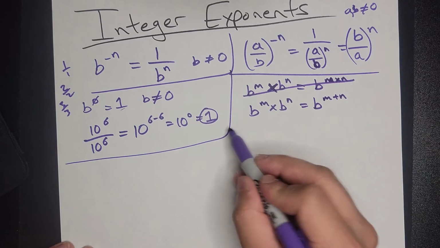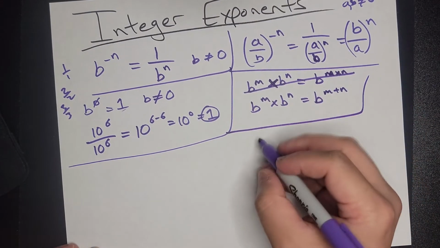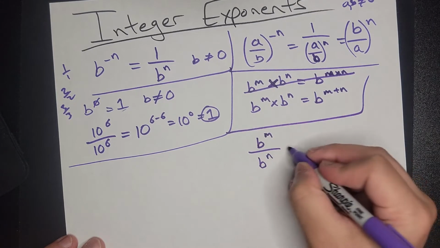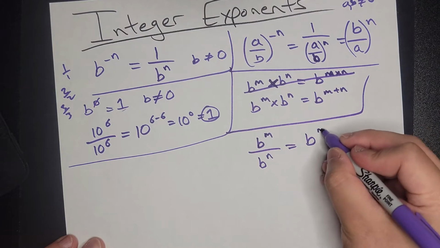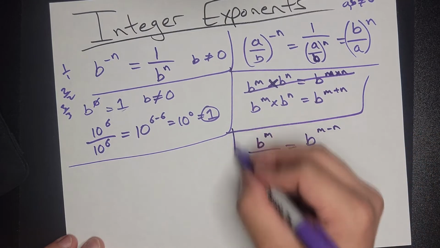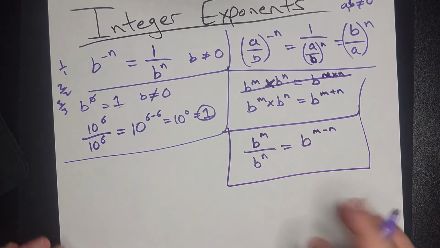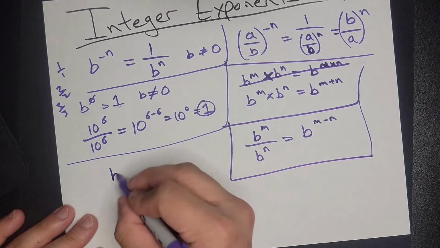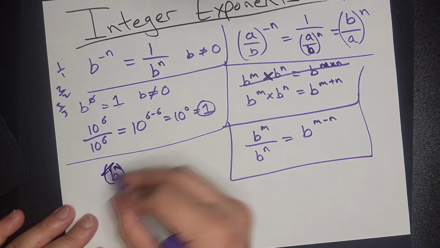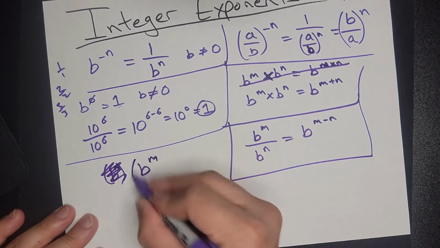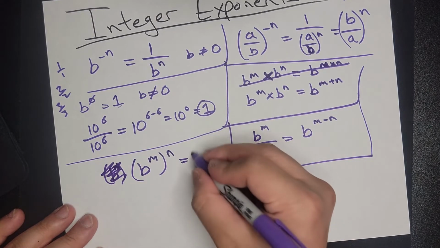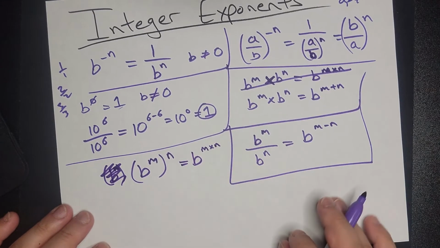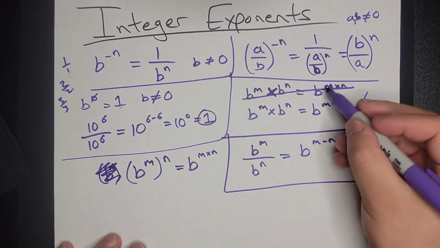And same with b to the m over b to the n, we get b to the m minus n. Remember that one too. And then we also have b to the m, all to the power of n, which is b to the m times n. So that'll just multiply inwards.